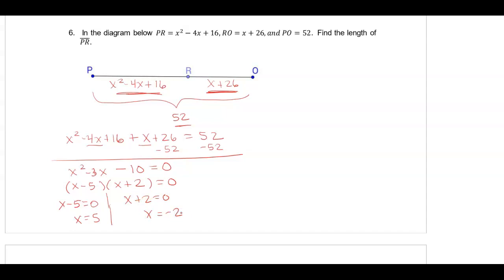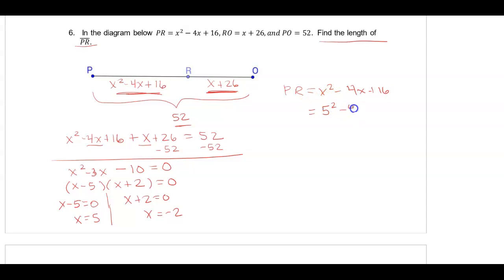Now I have two possible answers for x, and they're asking me to find the length of PR. So what I need to do is try both of them in for PR. Now PR was x squared minus 4x plus 16. So I'm going to put positive 5 in for x.